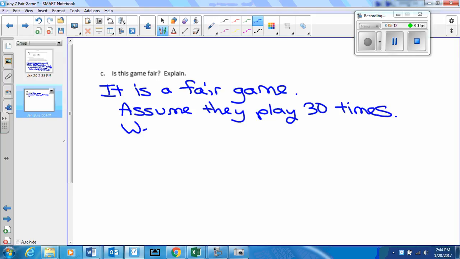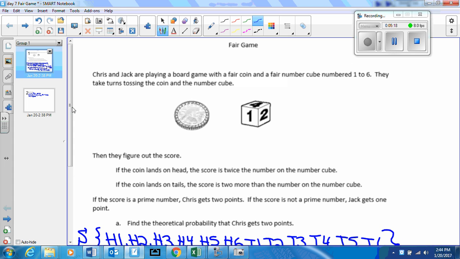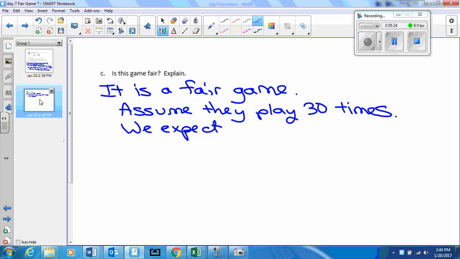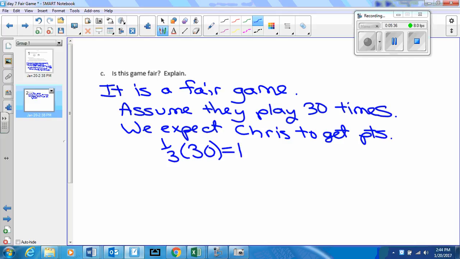So we expect Chris to get 2 points 1/3 of 30. So we expect Chris to get points 1/3 times 30, which is 10 times.